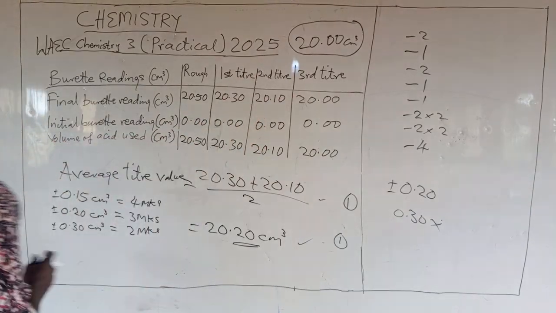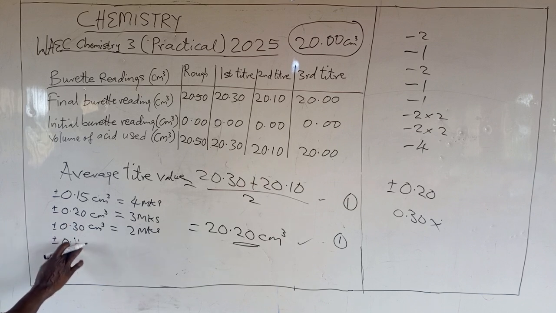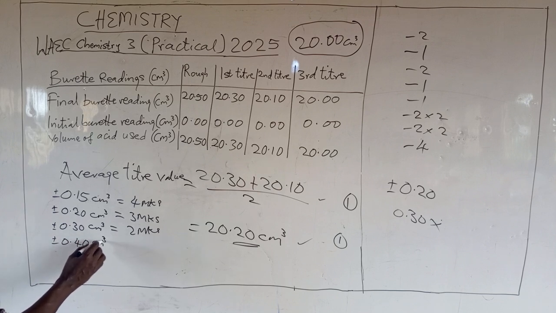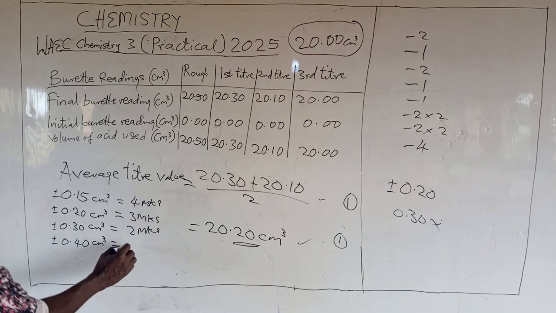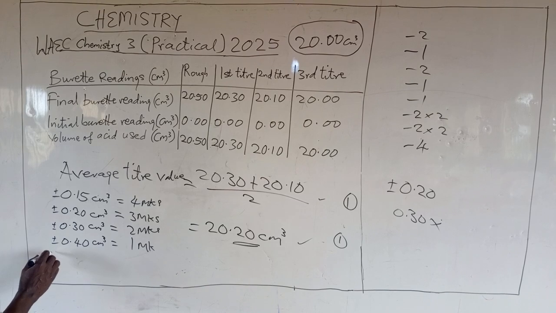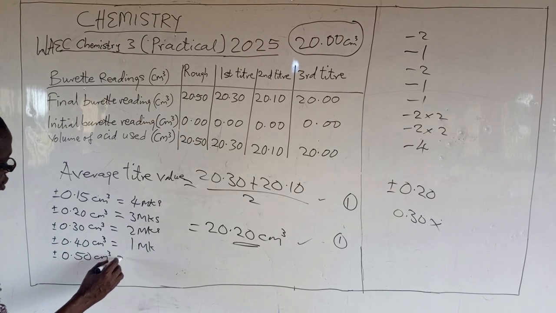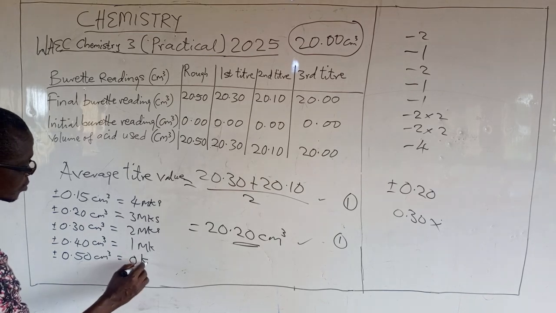If the difference between your teacher's own and your own is 0.4 cm3, then you will get only 1 mark. When you have plus or minus 0.50 cm3, you score nothing.